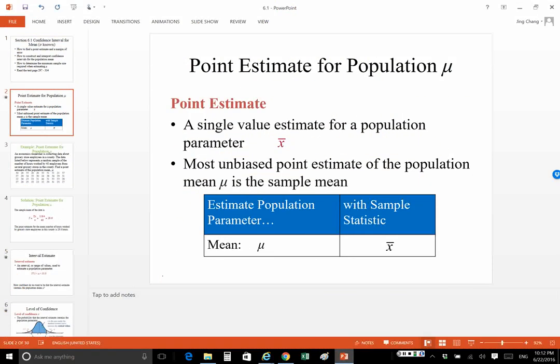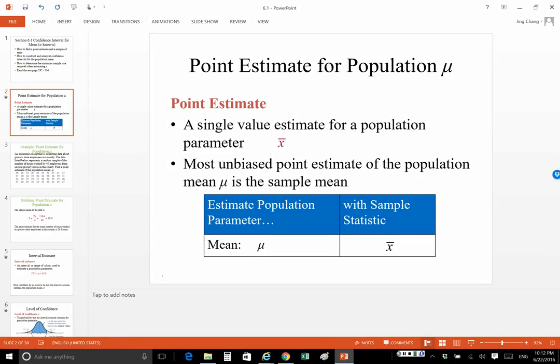Okay, so let's first review some symbols. X bar represents the single value estimate for the population mean parameter, which is the sample mean. So X bar represents the sample mean, and mu represents the population mean. So usually we think about the data you collected for your discussion forum.